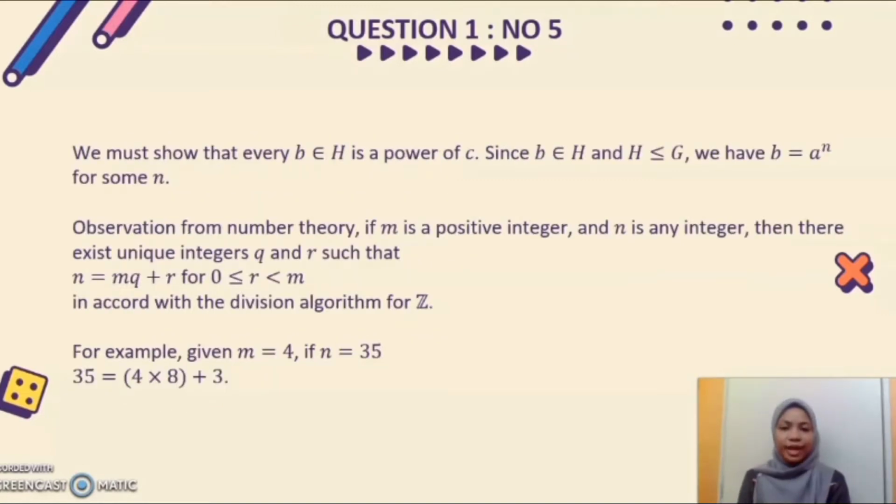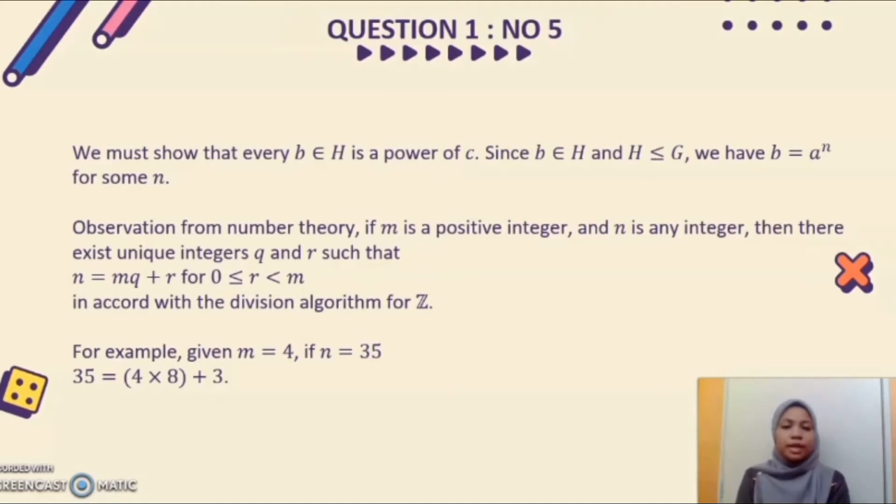Next, we must show that every b element in H is a power of c. Since b is an element of H, b is also an element of G. We have b = a^n for some n.